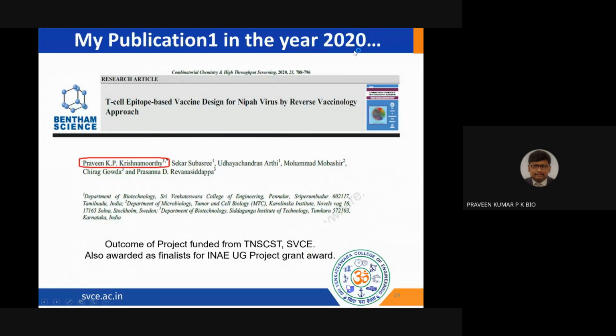And this is one such publication I made in 2020: T-cell epitope based vaccine design for Nipah virus. You know, the Nipah virus infection popularly occurred in India in 2018. I think many of you are aware of this infection in 2018 in Kerala.